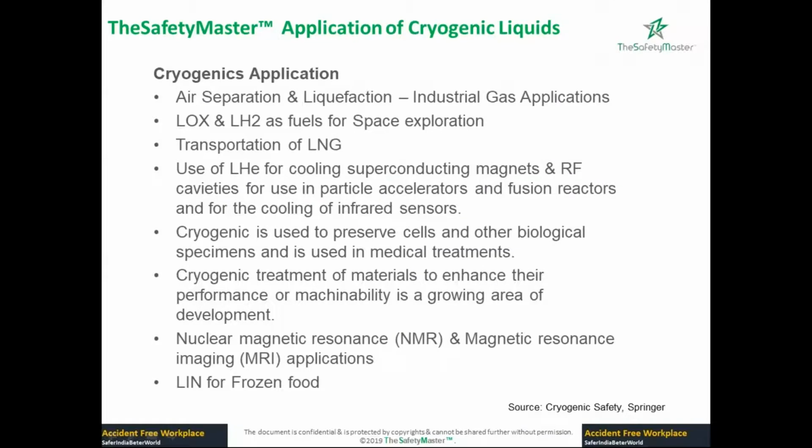Also for machinability, if you want better machinability of a particular material, you can use liquid nitrogen to enhance it. And in nuclear magnetic resonance and MRI, magnetic resonance imaging, liquid helium is used because the sensors are cooled to liquid helium temperature, as they are all superconductors.